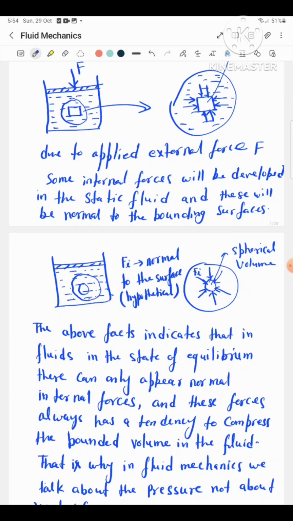Suppose in the same situation we have applied the force F here also. Suppose we are taking a spherical hypothetical boundary volume, Fi denoting the normal force to the surface, normal internal forces.